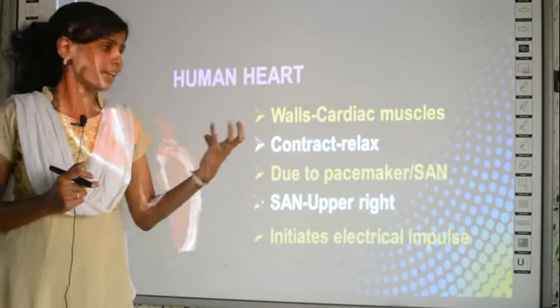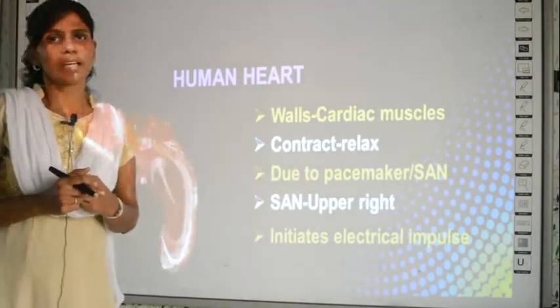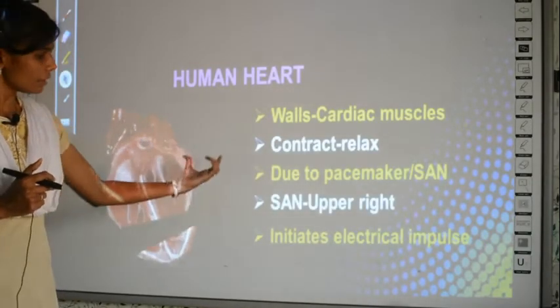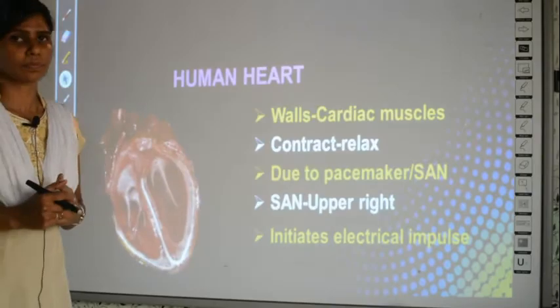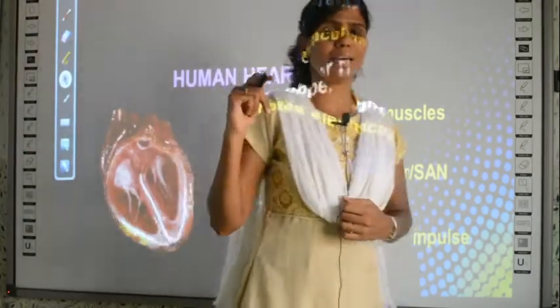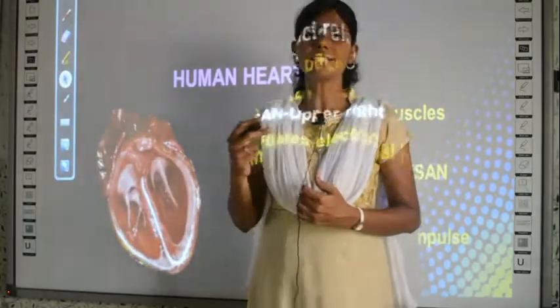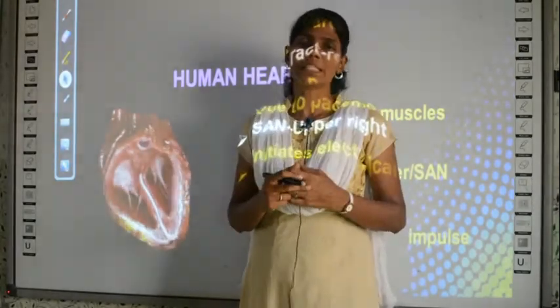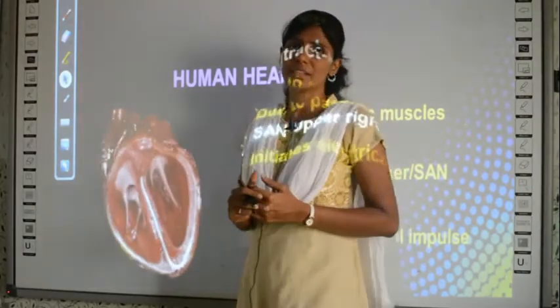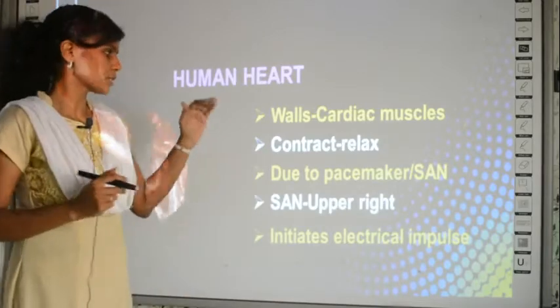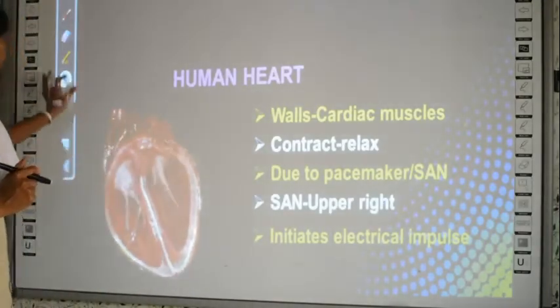Similarly, the heart's impulses are controlled by SAN, and those impulses are called electrical impulses. In the nervous system you call them nerve impulses, and in the circulatory system you have electrical impulses. So these are some concepts about the heart.